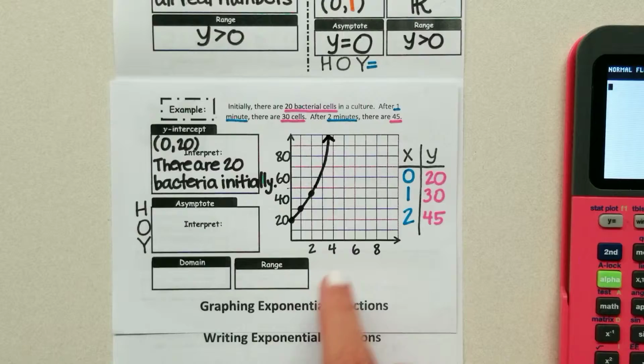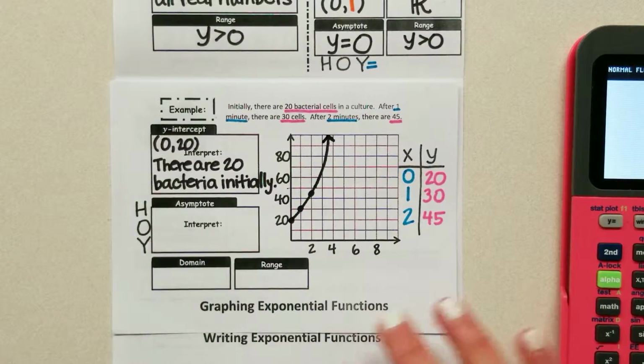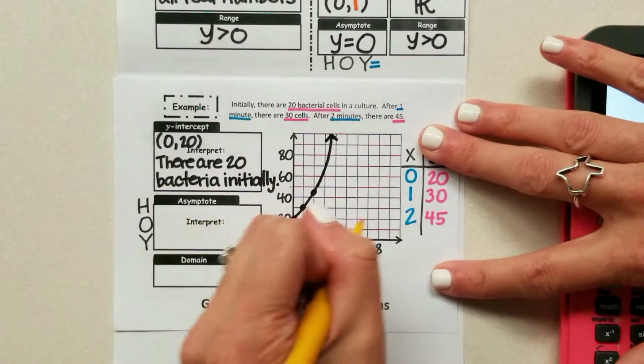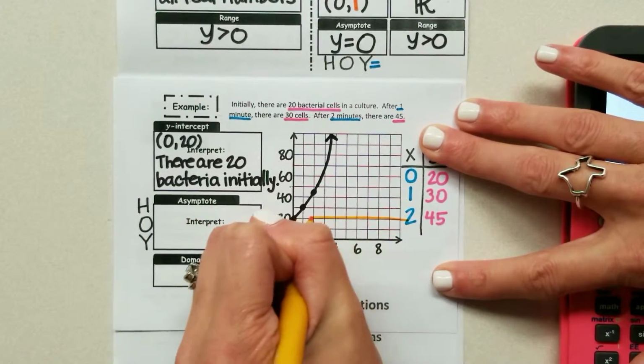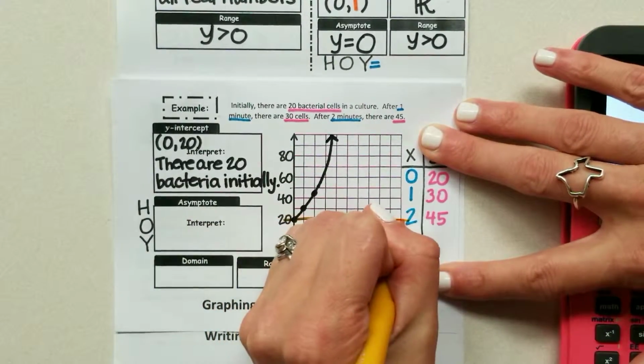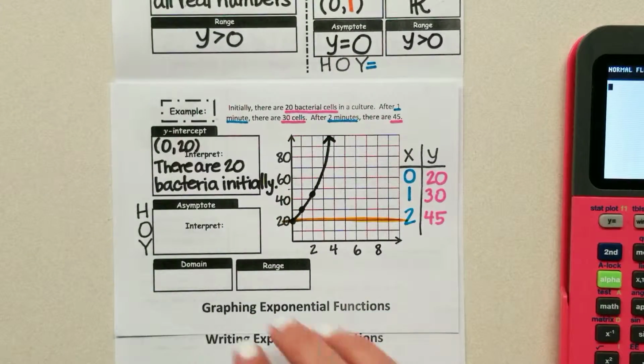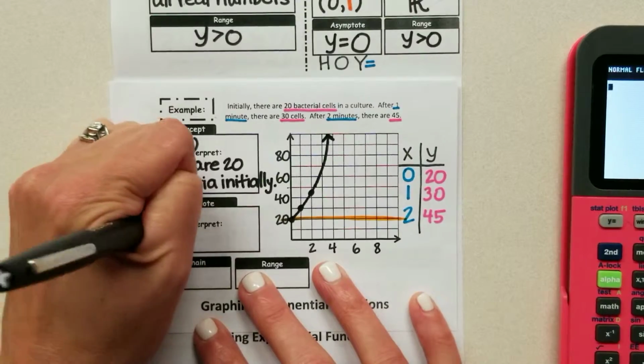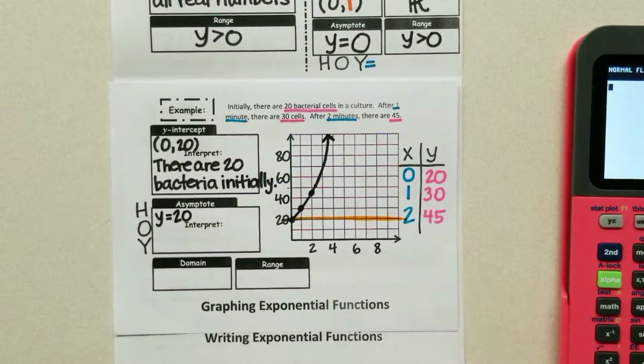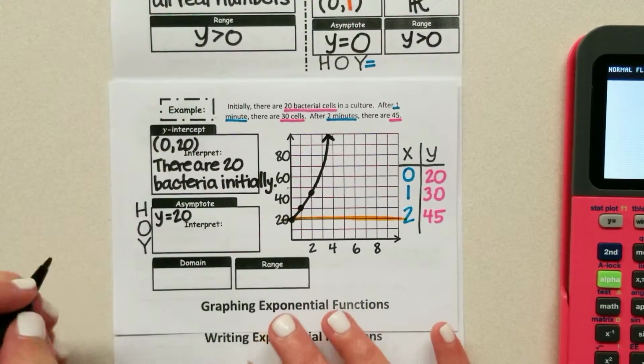Okay, so now if I look at my asymptote, remember that's the line where it starts to flatten out, or the line where it gets the lowest. And so this is where my asymptote line is. So it's going to be at y equals 20. And this is just as low as it goes.